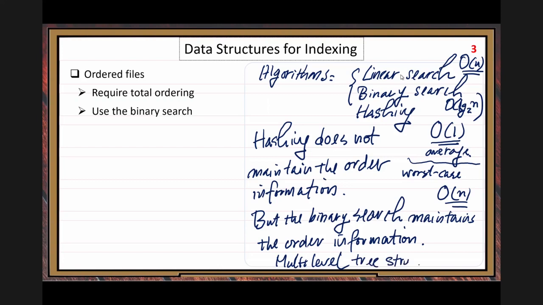You can preserve the order information, and the number of comparisons is not big. As I said, with 4 or 5 levels, you can cover a table with billions of rows. That's good enough.